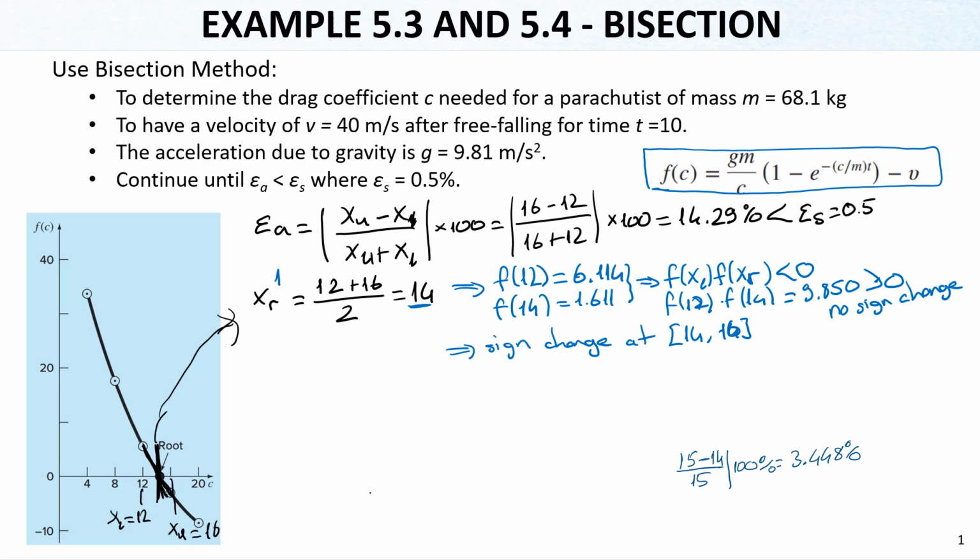That's why in our new iteration, let's say this is XR0, and in our new iteration, XL1 will be our XR value, 14, and XU1 is 16.